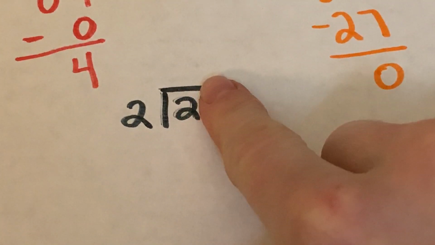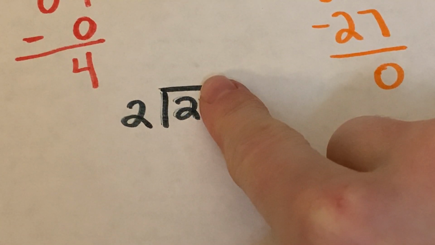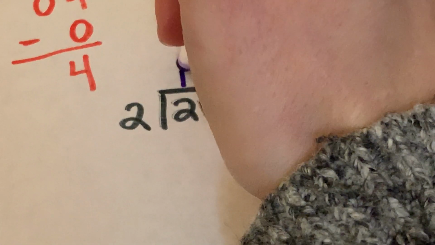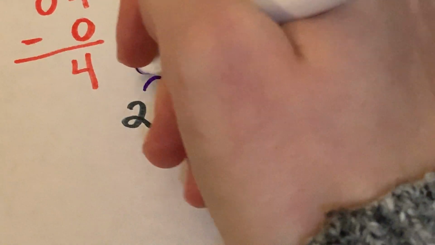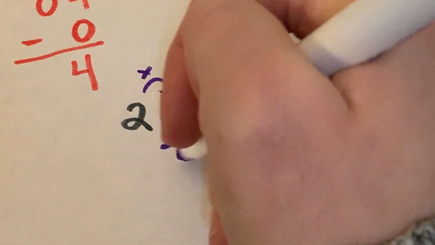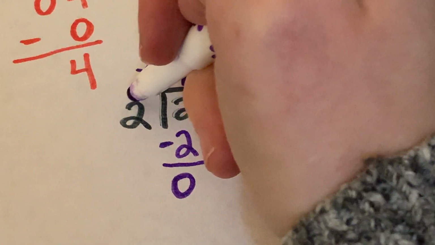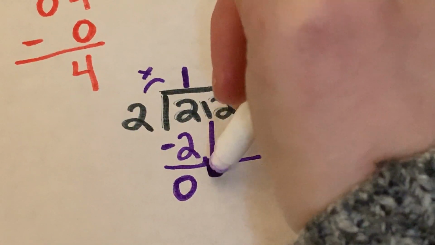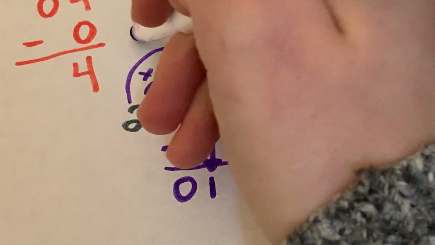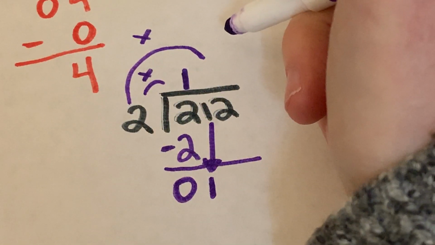All right, 2 times what gives me 2? 2 times 1 gives me 2. I'm going to subtract that 2 and end up with 0. Okay, bringing down the 1. 2 times what gives me 1? Nothing.